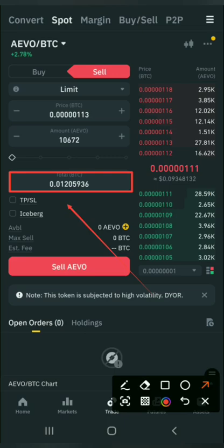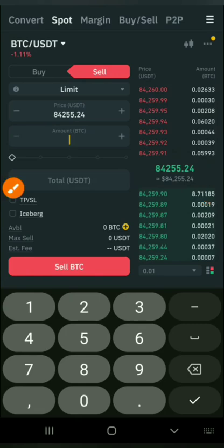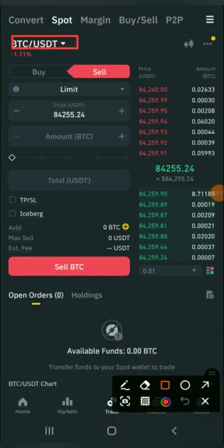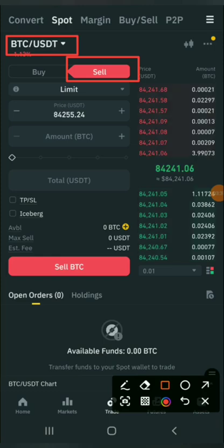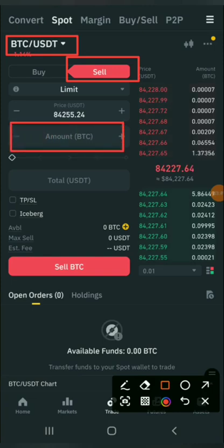Now let's do that. We are on the sell section of BTC USDT, and remember, we now have 0.01205 worth of BTC in our wallet, since we've sold the AEVO into BTC. Now let's type in the amount of BTC that we have in our wallet right here, to see how much we are going to have in USDT.